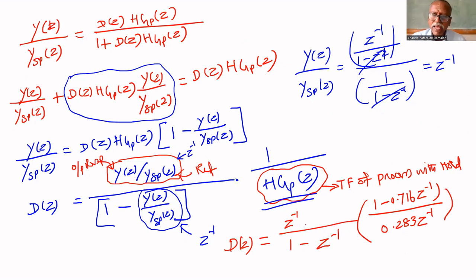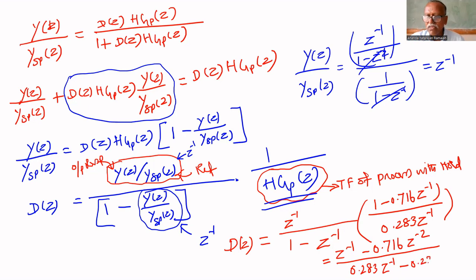So if you multiply this by z power minus 1, you will get z power minus 1 minus 0.716 z power minus 2 upon 0.283 z power minus 1 minus 0.283 z power minus 2. This is D of z.